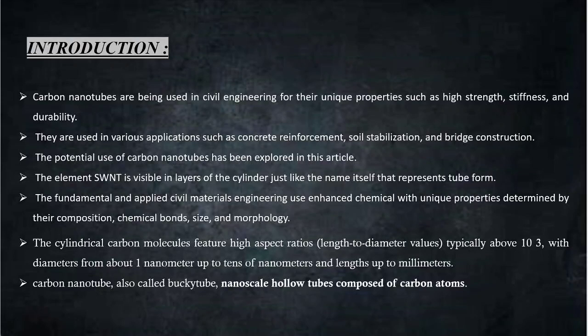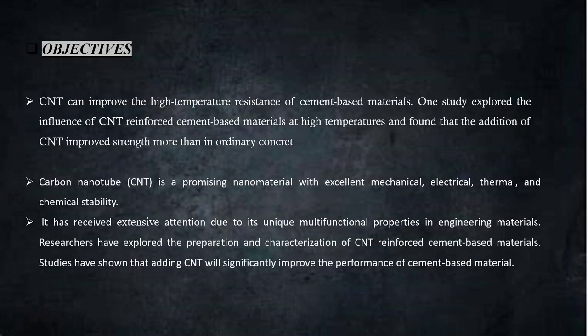The cylindrical carbon molecules feature a high aspect ratio, with length to diameter values typically above 10^3, diameters from about 1 nanometer up to tens of nanometers and lengths up to millimeters. Carbon nanotubes are also called buckytubes, nanoscale tubes composed of carbon atoms.